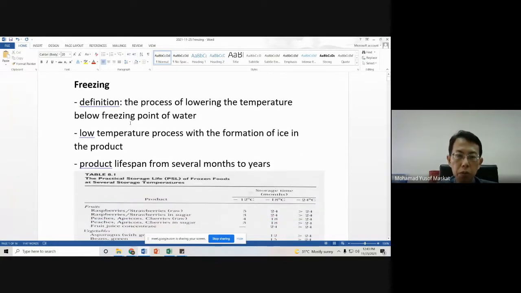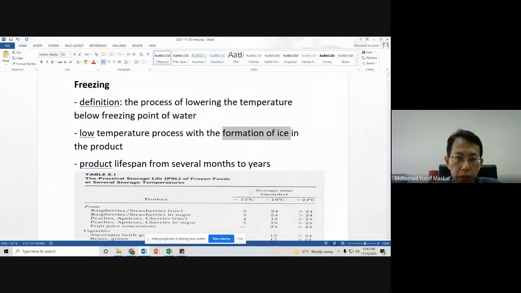Both are low temperature preservation methods, but freezing is the process of lowering temperature below the freezing point of water. So the key phrase is below the freezing point of water. It is a low temperature process with the formation of ice.